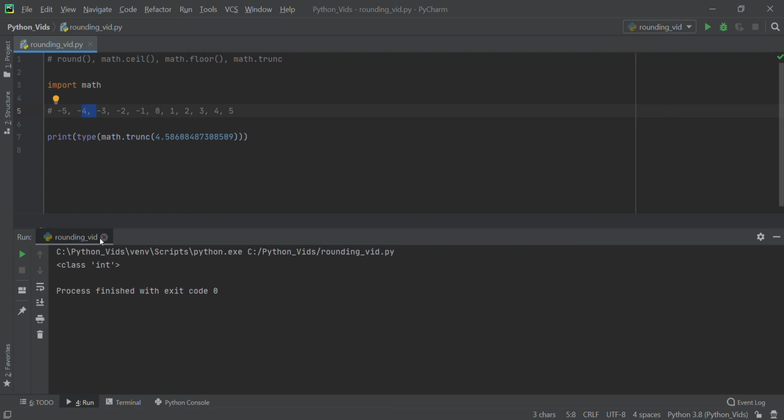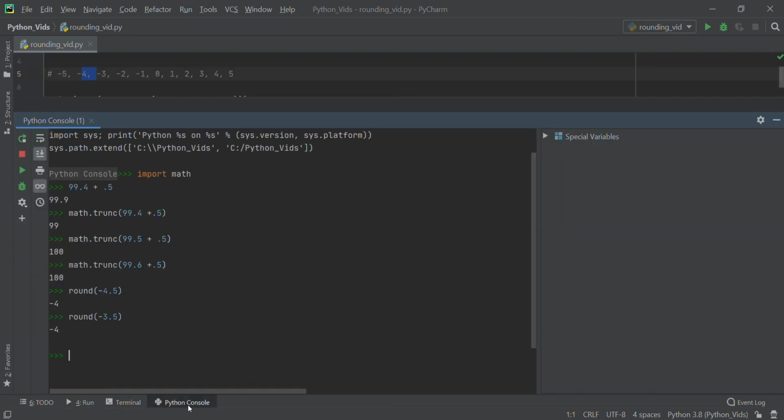Okay, well, say instead you do this little trick to truncate the value plus 0.5. All right, so math.trunc of negative 3.5 plus 0.5. What's that doing? Well, it's saying negative 3.5 plus 0.5, so in other words, negative 3.0. Truncate that. It's going to give you negative 3.